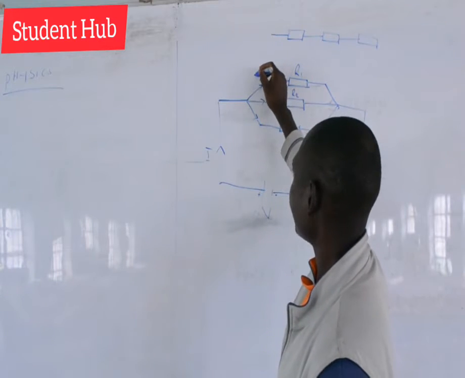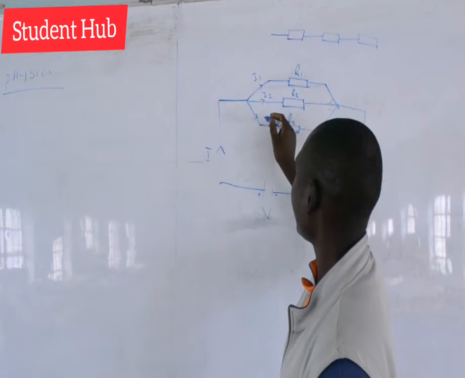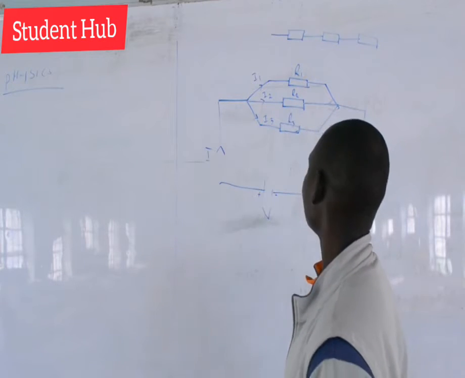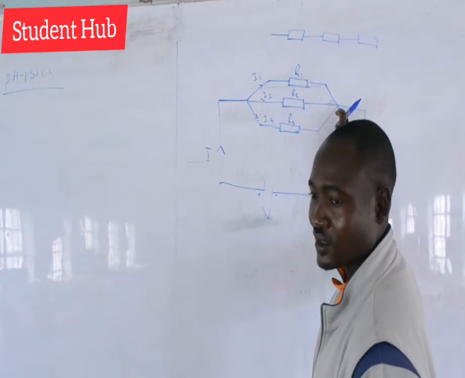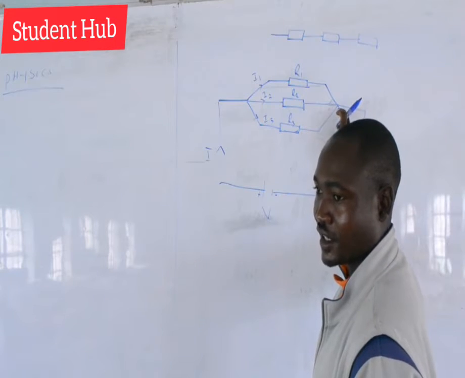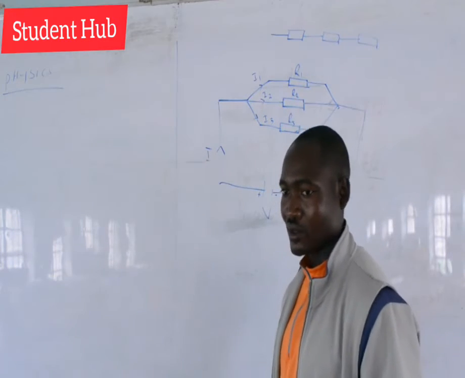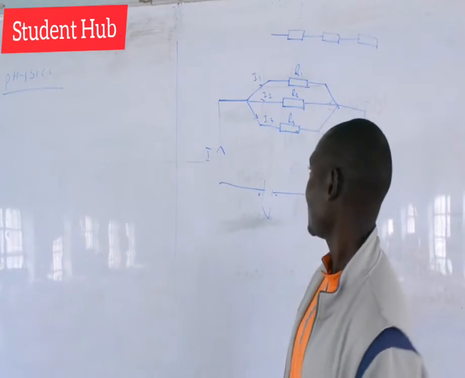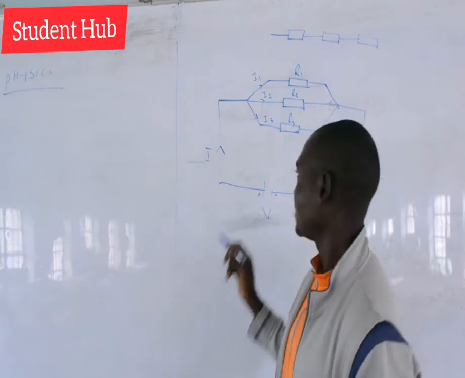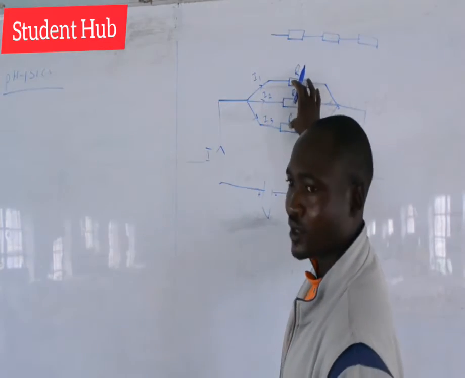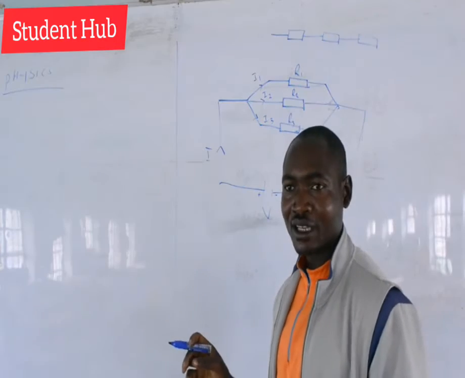So here we can say I1, here I2, here I3. As the current keeps moving, coming to this side, they converge again. And that is how the cycle continues. Is that okay?